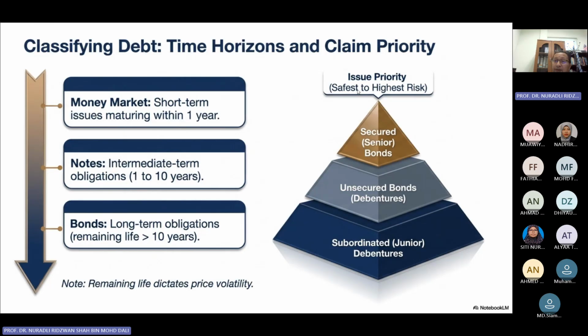So from safe to higher risk, highest risk. The secured one is safe because it is backed by assets or mortgage. The unsecured is not backed by any asset, and the highest risk is probably because of the rating, maybe below B, so this is a junk bond.